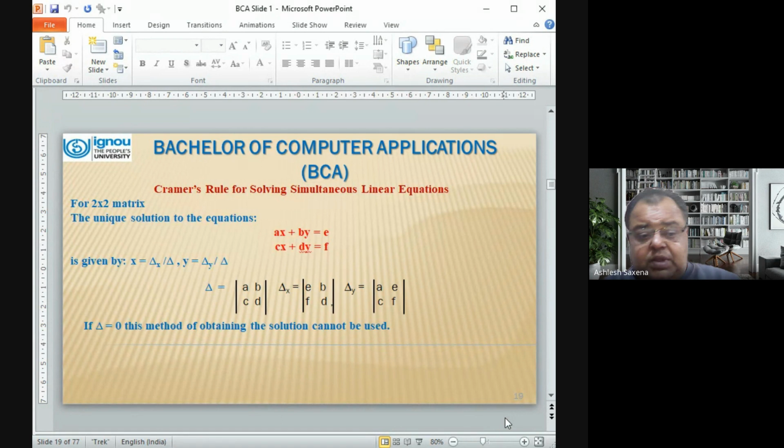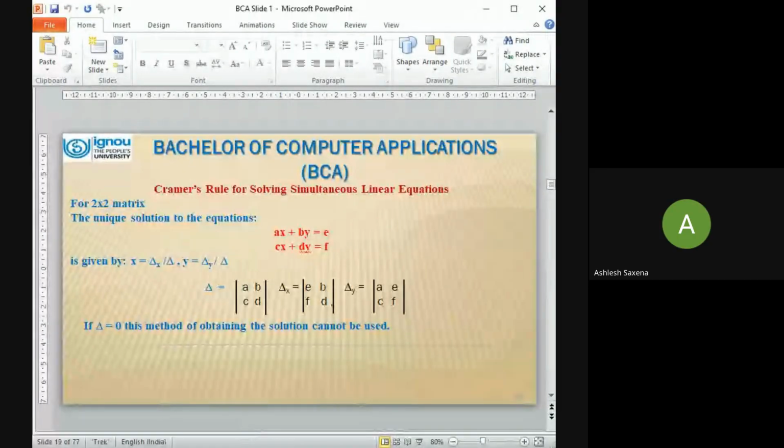Listen to it very carefully, how this transformation is done. Now see to it, this is a 2 by 2 matrix. I will be applying Cramer rule.